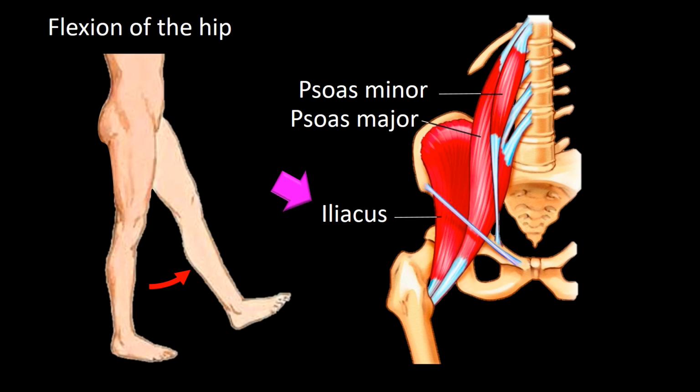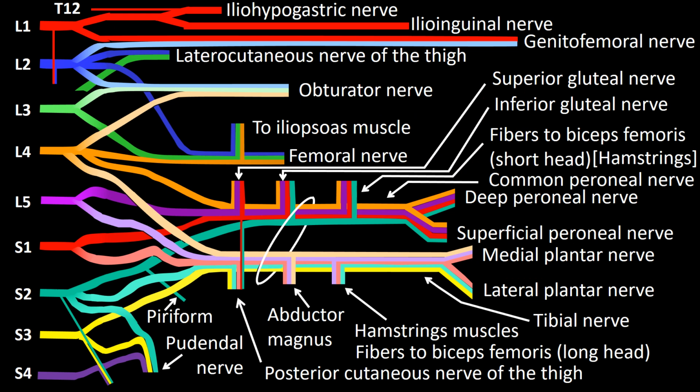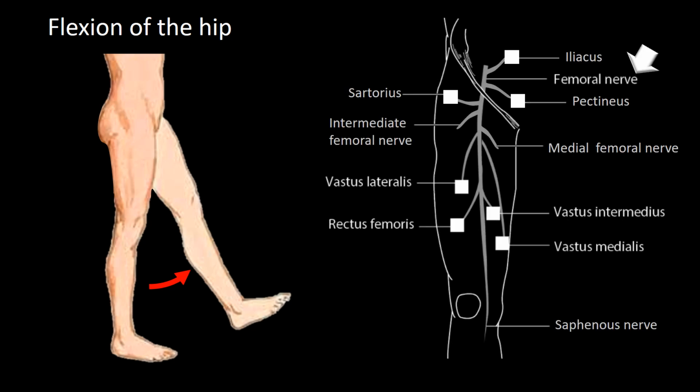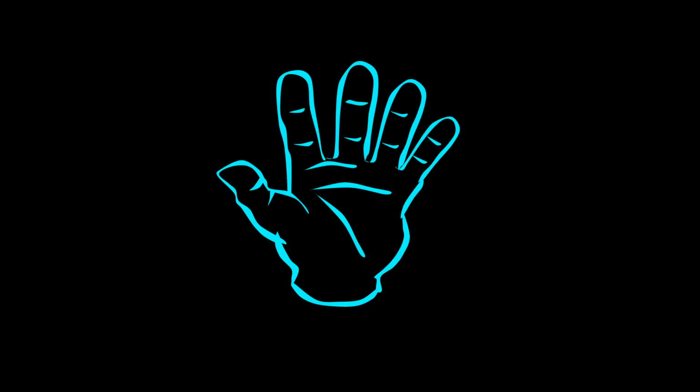The innervation of these muscles is from the lumbosacral plexus by branches from the posterior division of L2, L3, and L4 before forming the femoral nerve, and by branches from the femoral nerve itself. Other muscles contributing to hip flexion, also innervated by the femoral nerve, are the pectineus, sartorius, and the rectus femoris. Number 5.